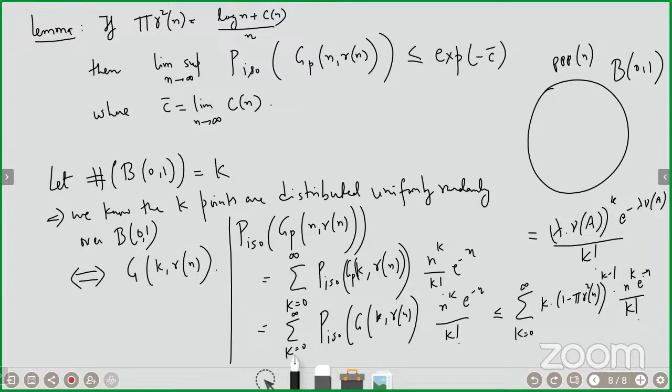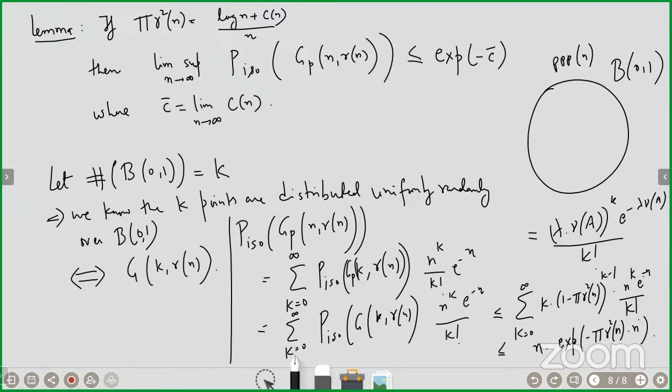What does it look like? Same as the analysis. N times. Yes. That's all. So this is clearly C of n. You plug in the value of log n plus C_n by n. That's all.